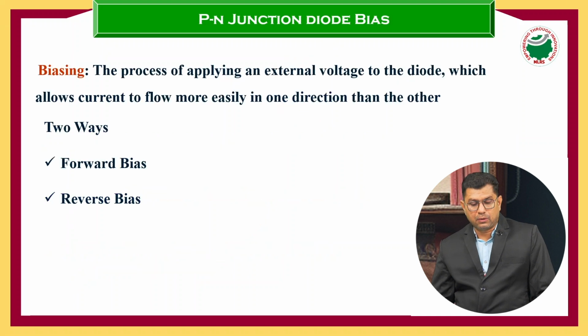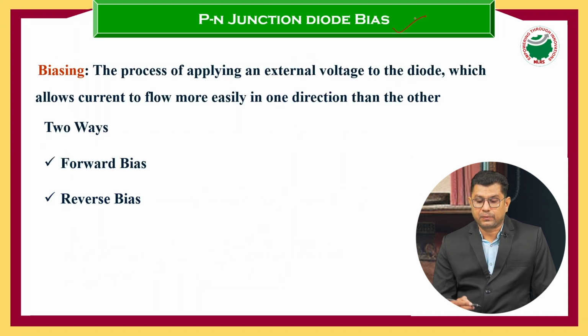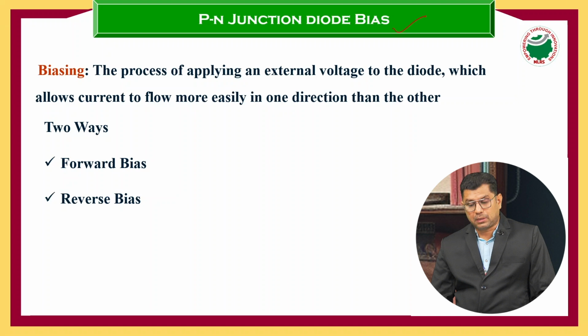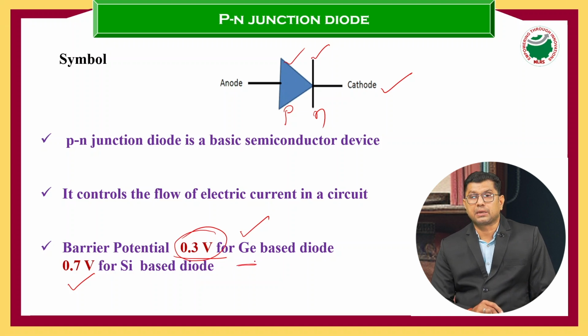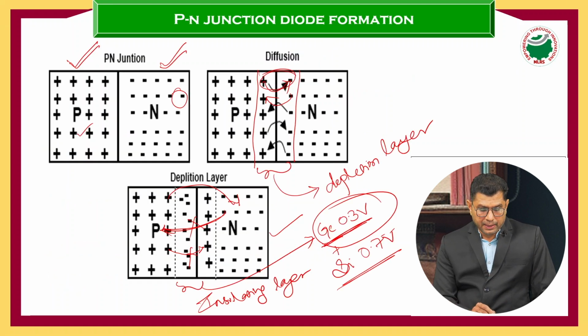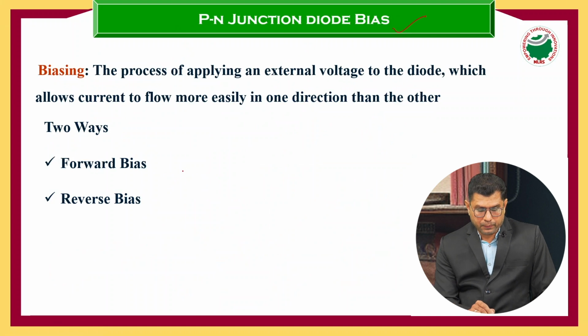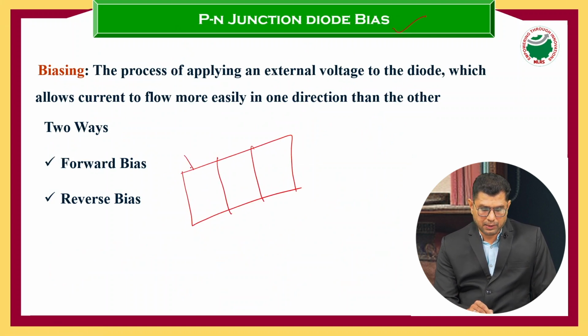The barrier potential, as I just discussed, is 0.3 volts in the case of germanium and 0.7 volts in the case of silicon. Next, biasing. Why do we want to supply biasing? Suppose this is the PN junction diode, with the P-type semiconductor here and the N-type semiconductor here.